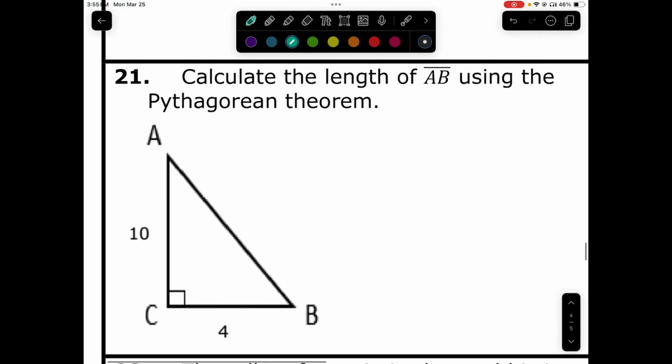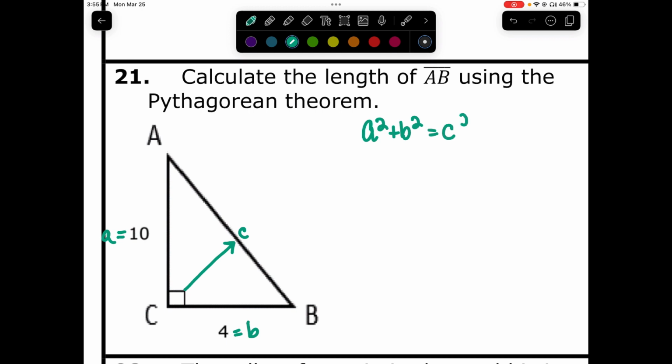Number 21, calculate the length of AB using the Pythagorean theorem. So real quickly, this is the hypotenuse. This is lowercase a, this is lowercase b. So if we use a squared plus b squared equals c squared, then that's what we would use. However, we have some shortcuts. So if we want to find c, all we have to do is take the square root of a squared plus b squared. And now it's no longer c squared, it's just c.